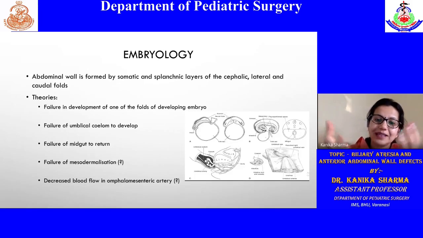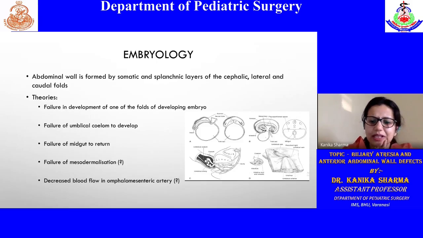When all these layers meet in the center, they form the abdominal wall. If there is a defect in any of these, or in the migration of these folds, then we get defects of the anterior abdominal wall.